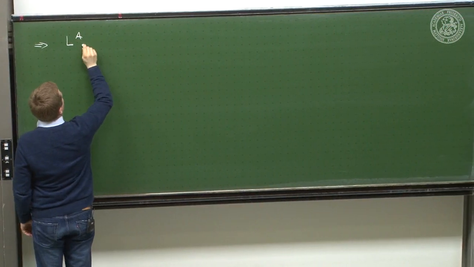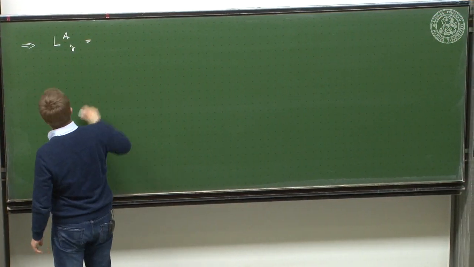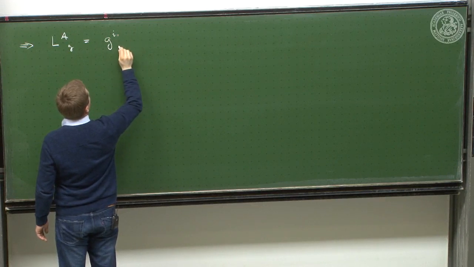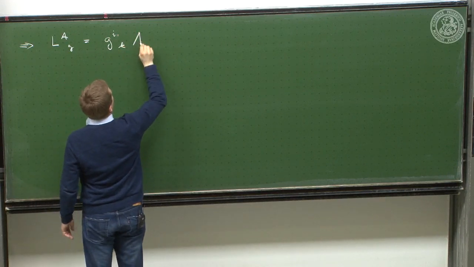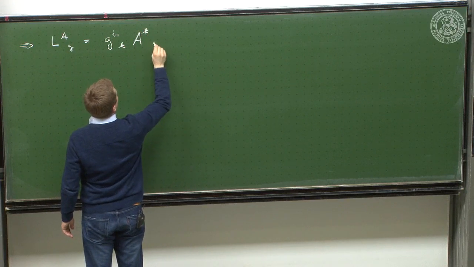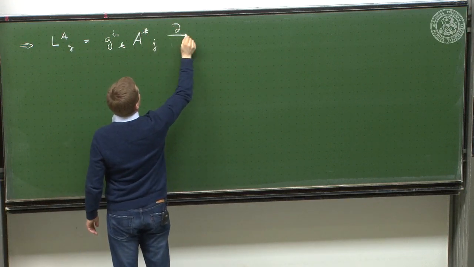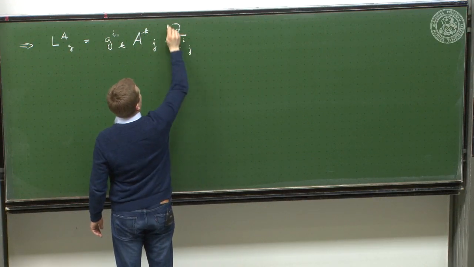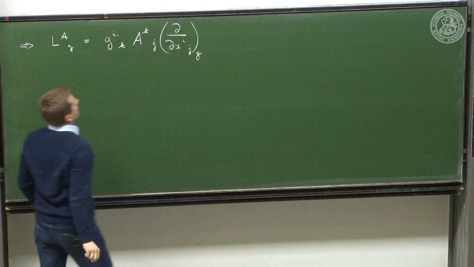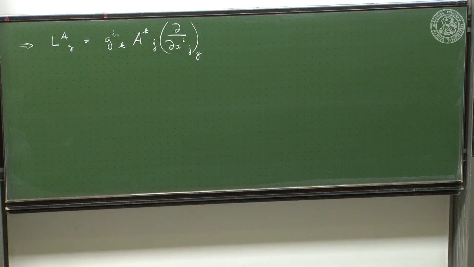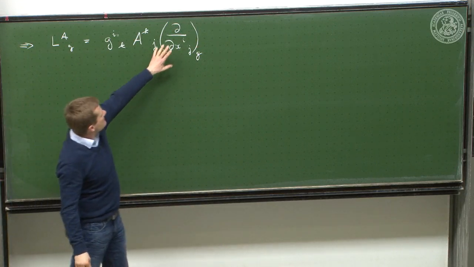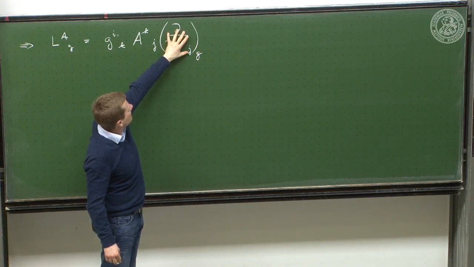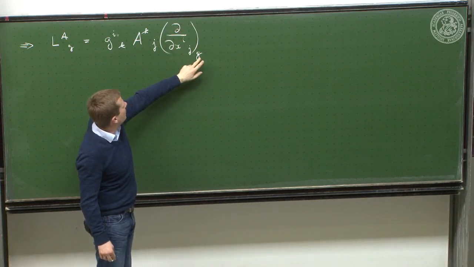So L_A at G is therefore simply G_ik A_kj d by dx_ij at the point G. So all the indices are gone. This is a basis of the tangent space to the Lie group at the point G.